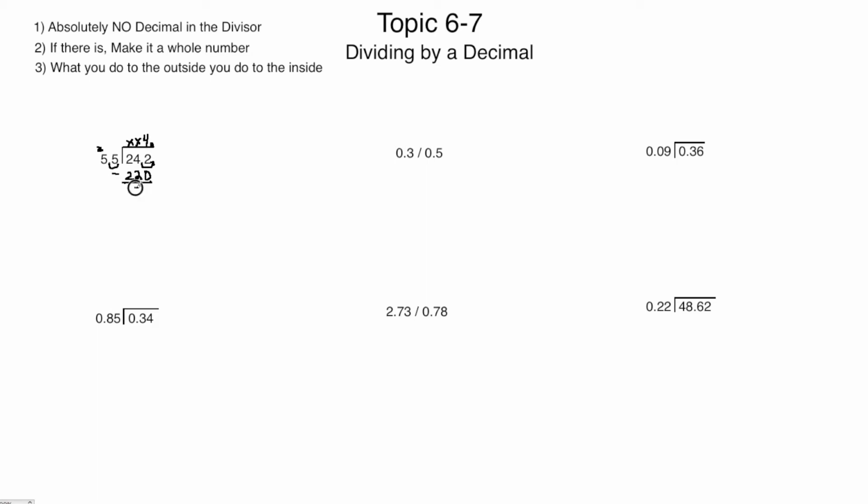Now we subtract. We get a 2 and a 2. If we weren't using a decimal, this would be our remainder. But we need to continue on. So we're going to put a 0 right there. You're going to add 3 zeros if you like. Bring down the first 0.